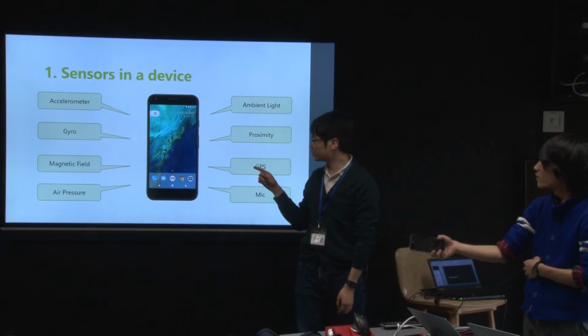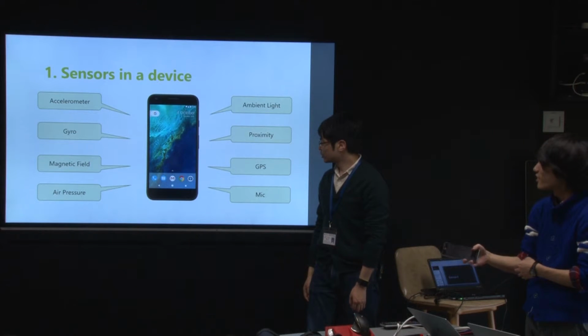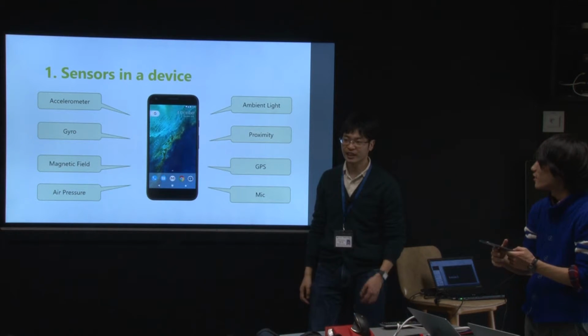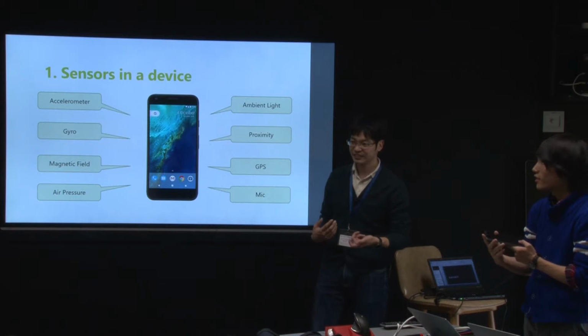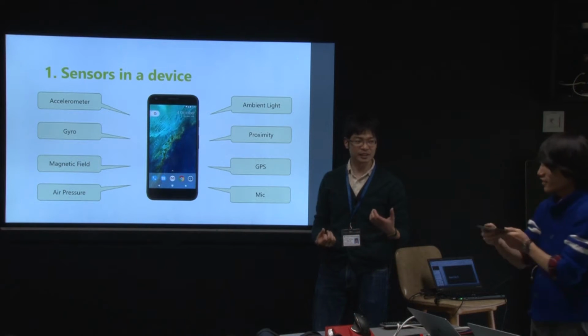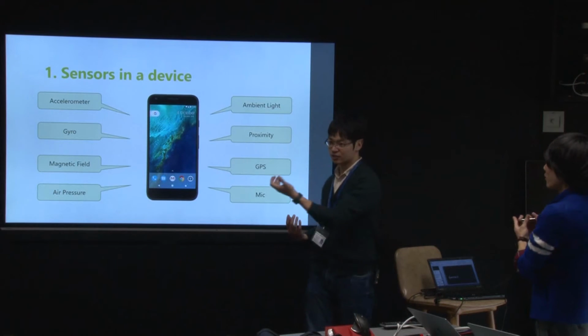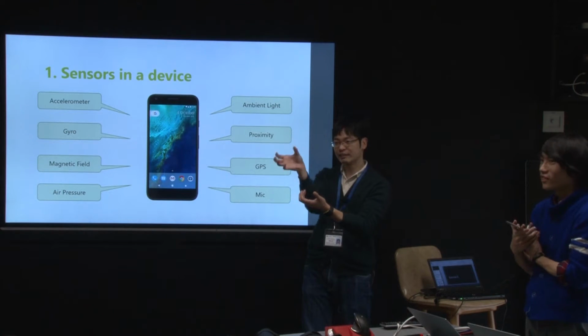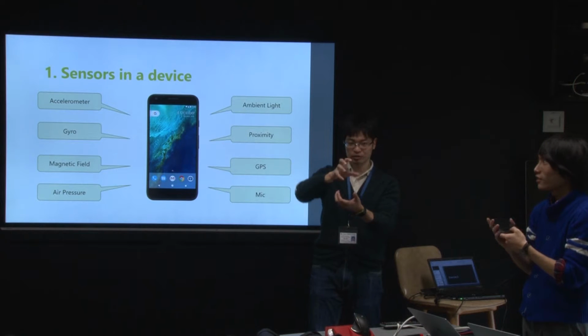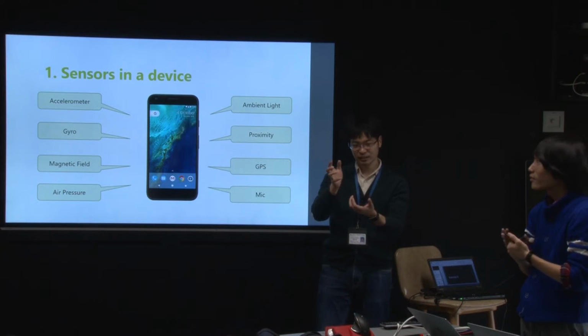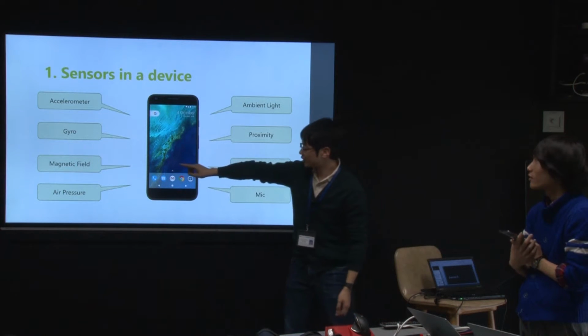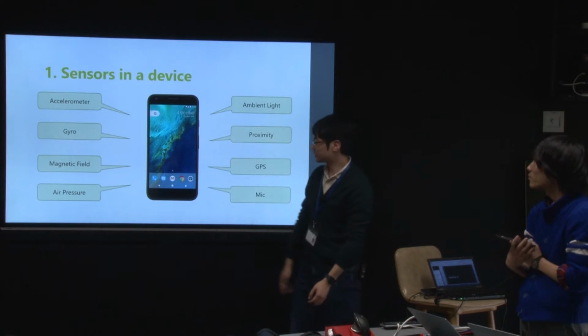And for the magnetic field, you need this sensor to use Google Maps. In the navigation mode, if you turn your orientation, Google Maps will automatically turn the direction of your head. This is using the magnetic field sensor.